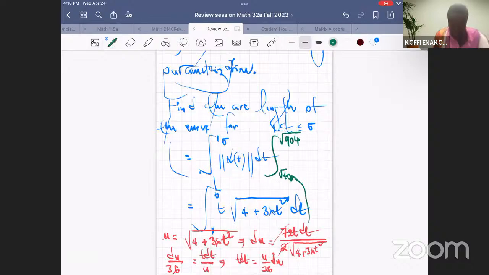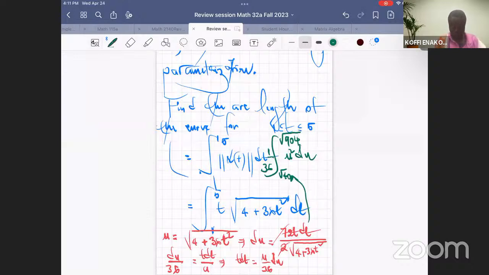I don't know if you can simplify this, but just leave it like that. So I'll have 1 divided by 36 u du. So it is u squared with du.